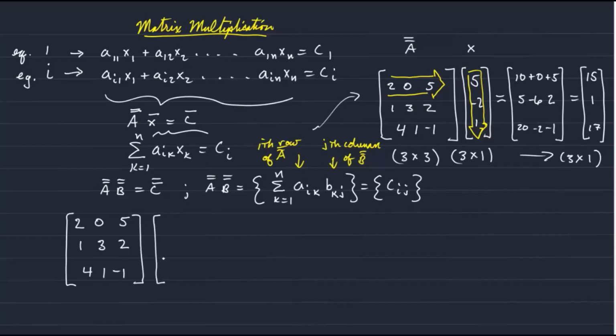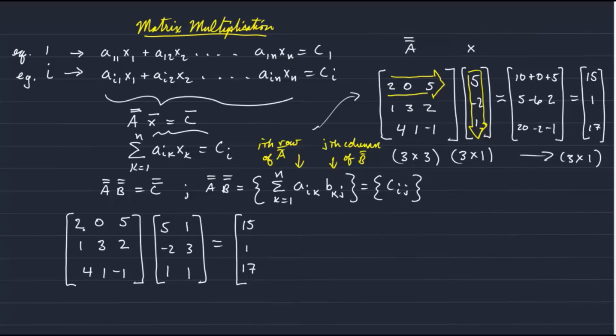And we'll just use our original vector that we had above for the first column of our matrix B, but then we'll just add another column. And so we still get 15, 1, 17 for the first column of our product.